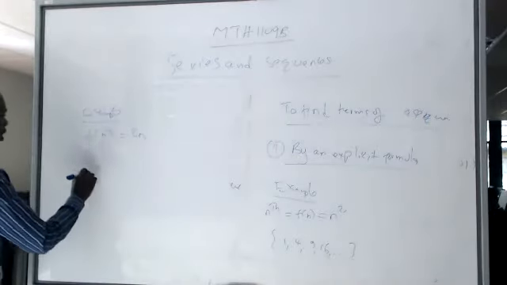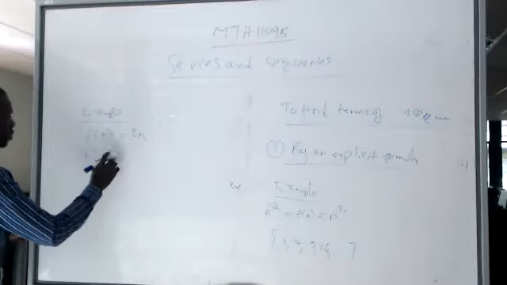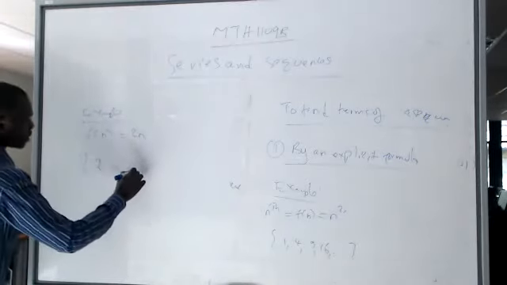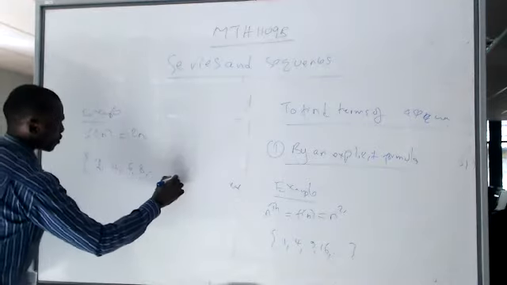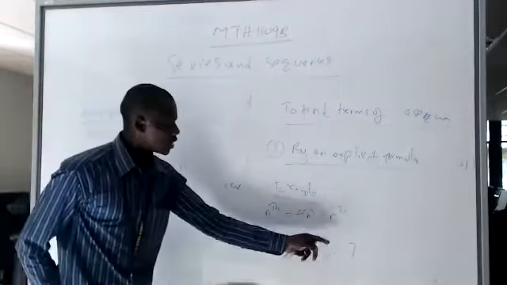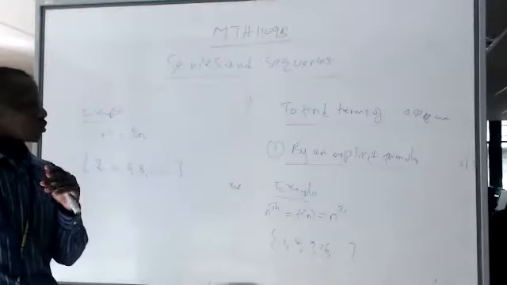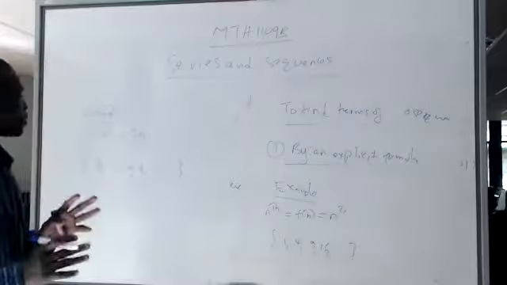So in this case, we'll have the terms as 2, which is 2 times 1, and then 4, which is 2 times 2, 6, 8, and so on. So in these two cases, n squared and 2n are formulas which give you the nth term of the sequence.